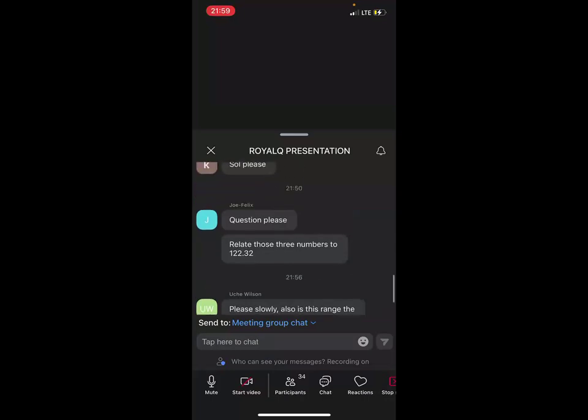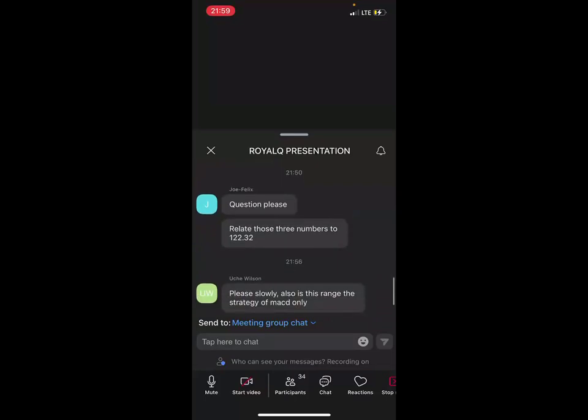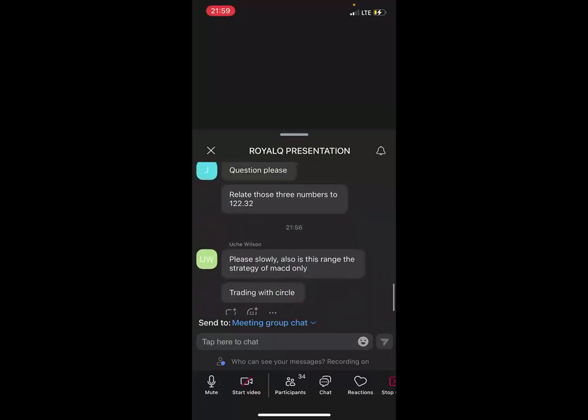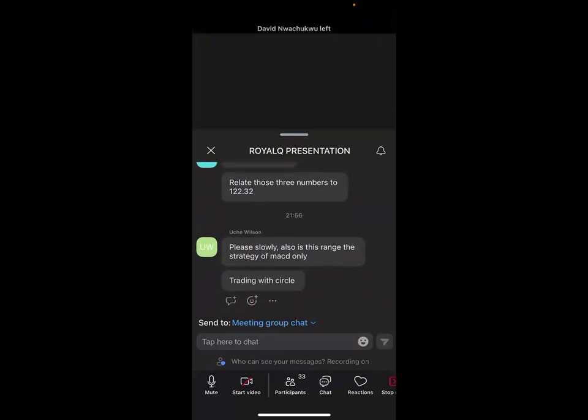Which pair are you referring to, please? This should probably be Solana, but I don't understand what you mean by relating those three numbers. Also, is the range strategy using the strategy of the MACD only? If anybody has a question, you can kindly unmute and ask.